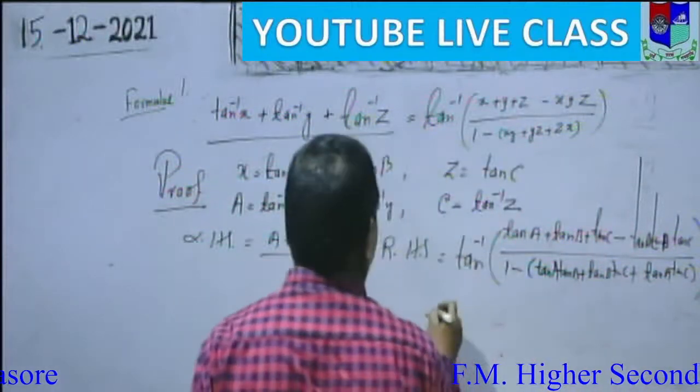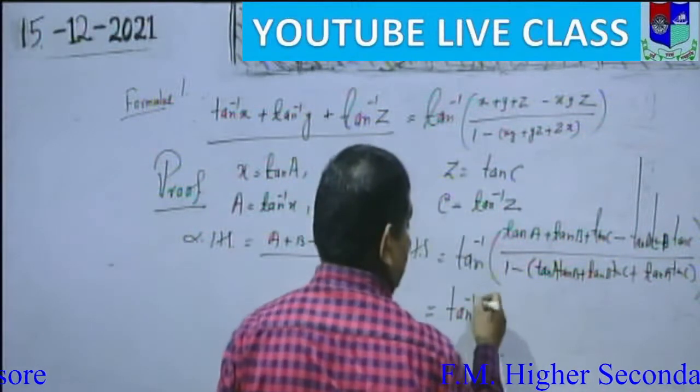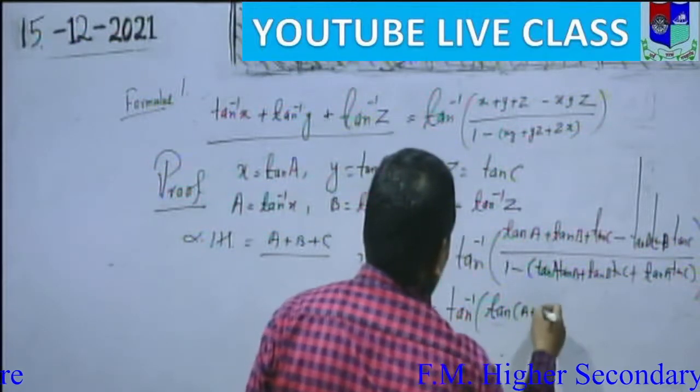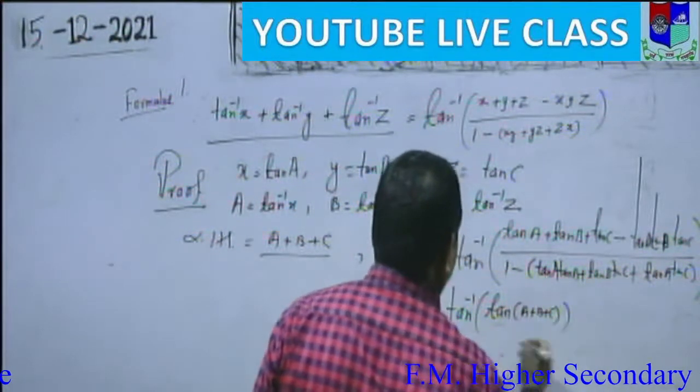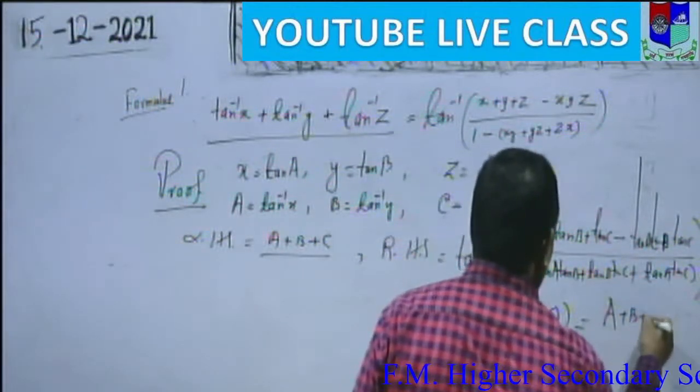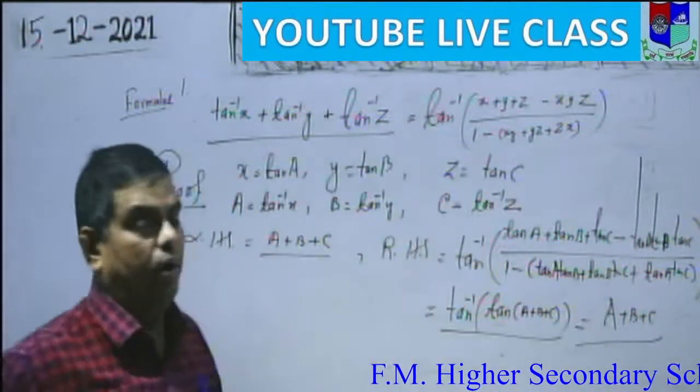The total formula is tan of a plus b plus c. This done, we got the formula for a plus b plus c.